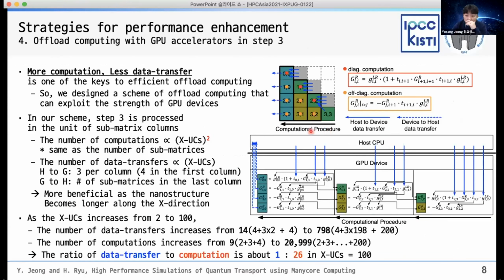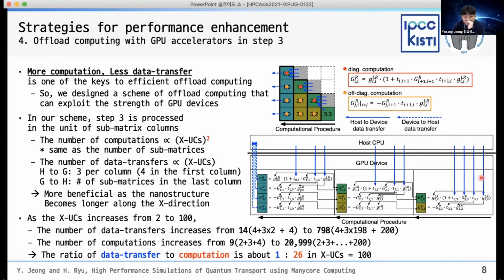The fourth technique we adopted is offload computing with GPU accelerators. As is well known, more computation and less data transfer is one of the keys to efficient offload computing. So we designed a scheme of offload computing that can exploit the strengths of GPU devices.